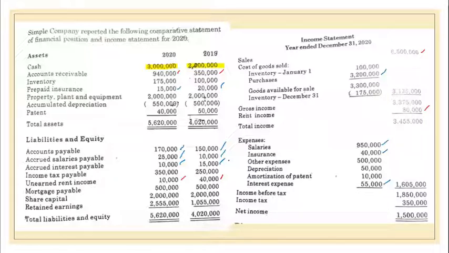And then, another is your income tax, which is the amount of 350. And then, you have here your income tax payable. So, it increased by 100,000.